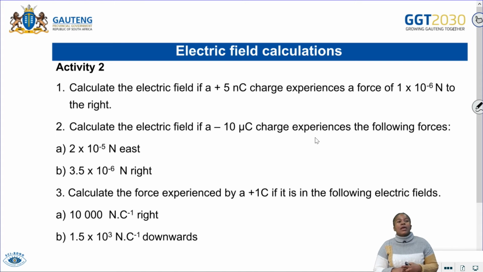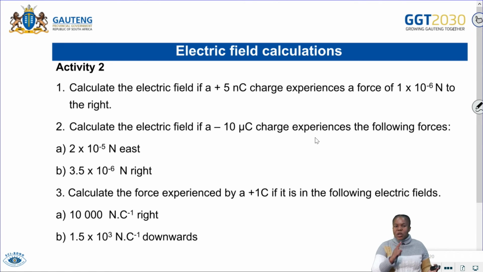Number 2, calculate the electric field if a negative 10 microcoulomb charge experiences the following forces. You've got 2 times 10 to the power of negative 5 newton, and you've got 3,5 times 10 to the power of negative 6 newton to the right, and the first one to the east.